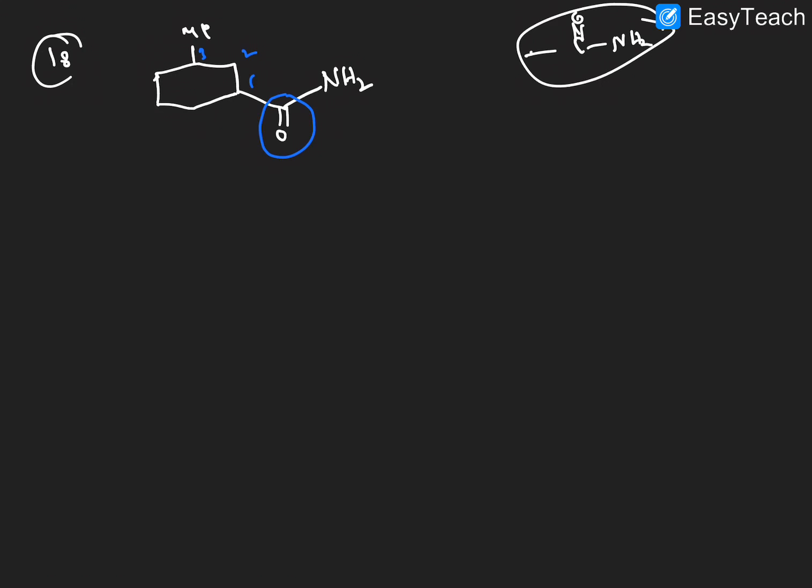So here the 3 place having, just a minute, 3-methyl, cyclic compound cyclo, and this is cyclohexane, and one place here is called 1-carboxamide.